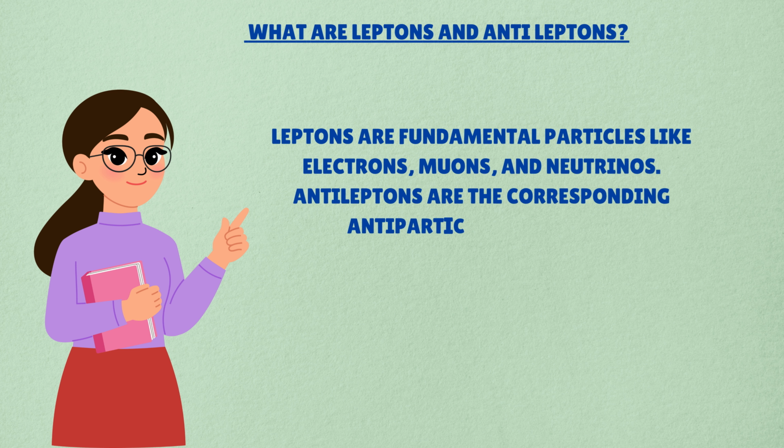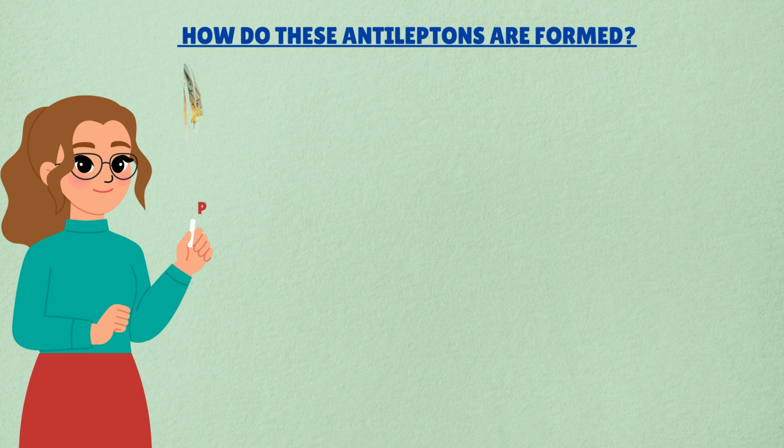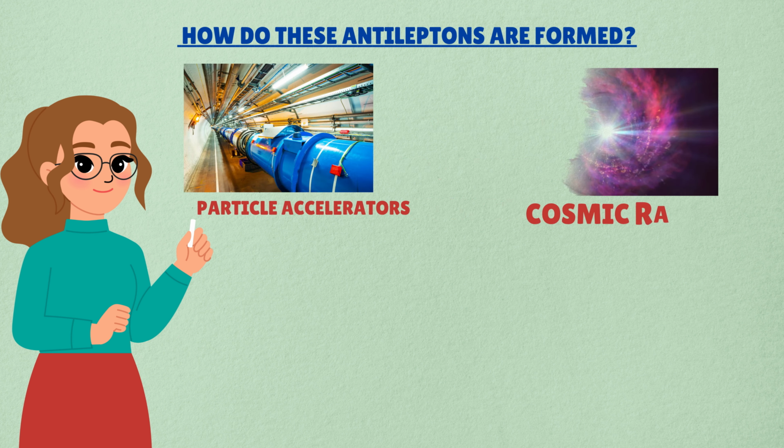So how are these antileptons formed? Antileptons are usually created in high-energy environments, such as particle accelerators, cosmic rays, radioactive decay. So, what is the difference between leptons and antileptons? The difference lies in their charge and lepton number.